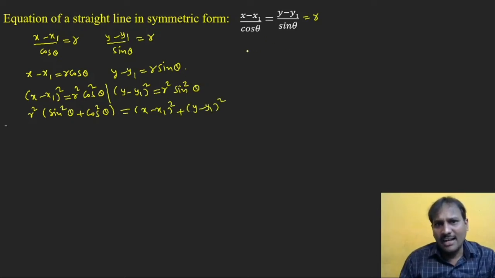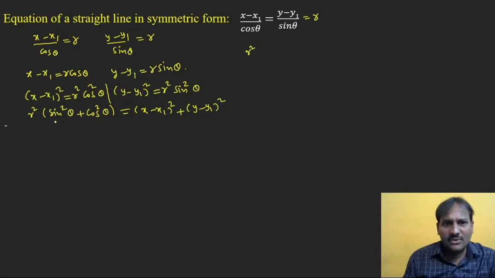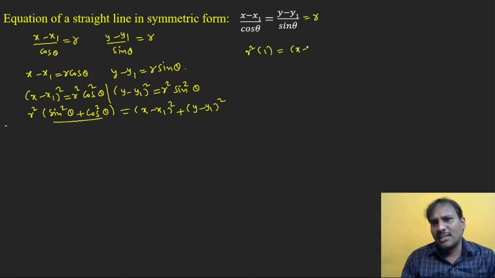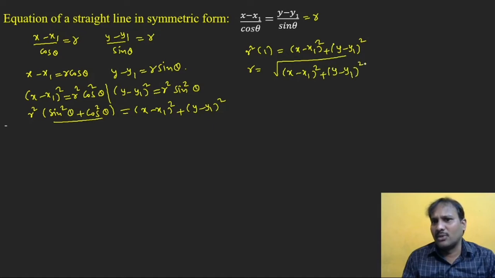Here, sin square theta plus cos square theta is 1. Therefore, r is equal to under root of (x minus x1) whole square plus (y minus y1) whole square.